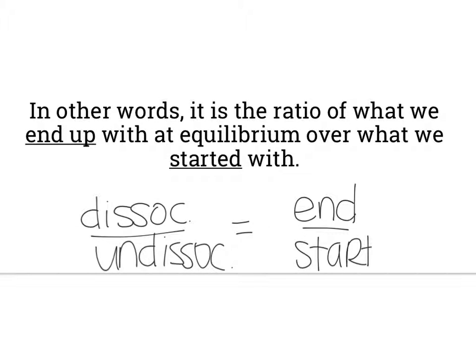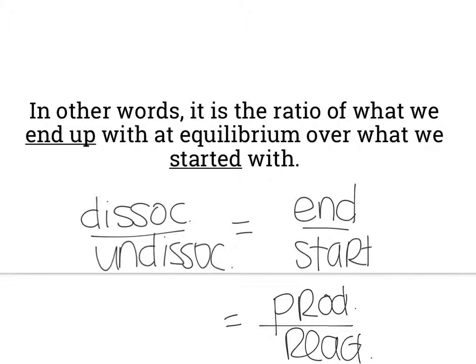Actually, this is very similar to what we originally defined as products over reactants. The larger the Ka, the more we'll end with compared to what we start with. The smaller it is, the less we're going to have at the end, and the more we're going to end up with basically in our original form.